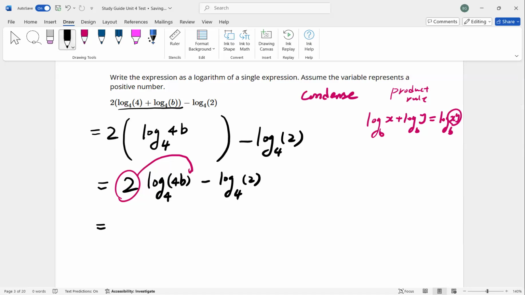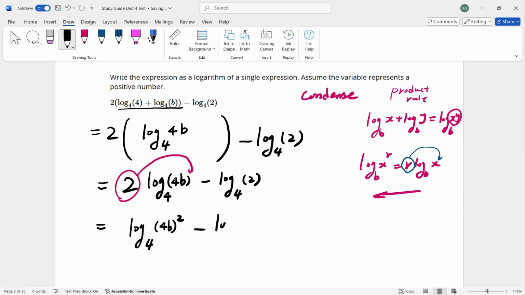The power rule: log with base b of x to the power of r equals r times log with base b of x. Looking at it from right to left, if we have a coefficient, we can bring it back onto the shoulder of x. Keep the base 4. The original argument is 4b. Now we put a 2 on the shoulder of the 4b, and then minus log with base 4 of 2.